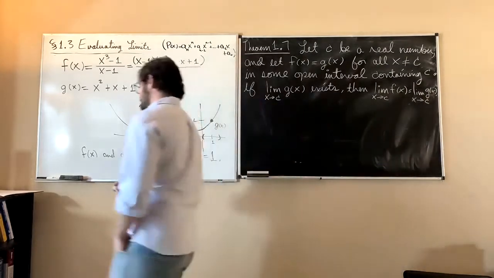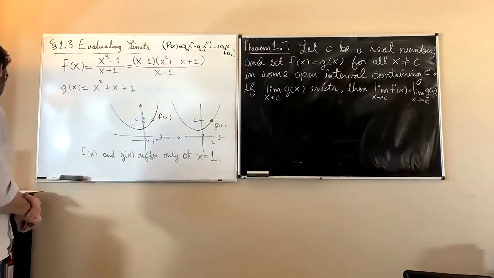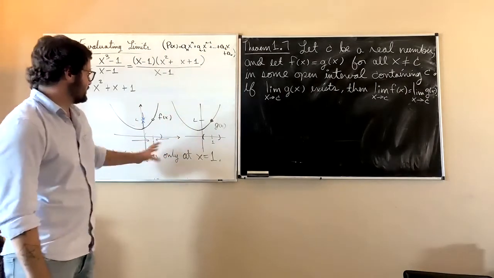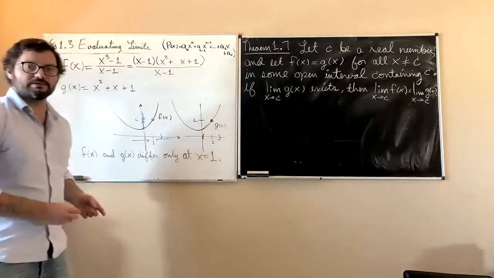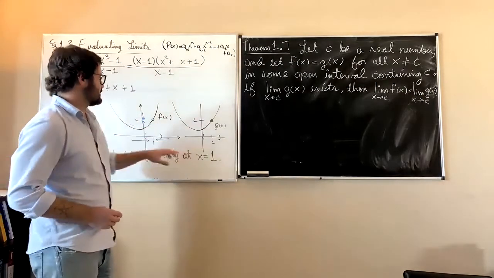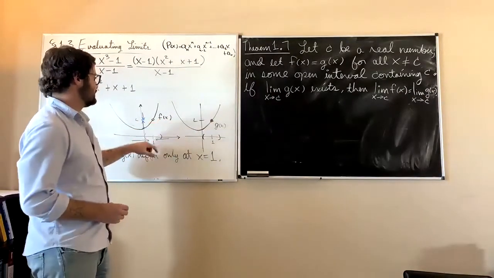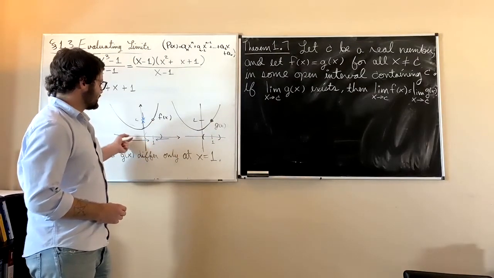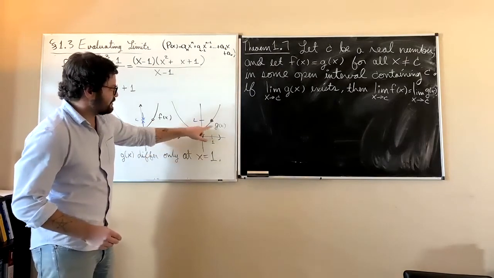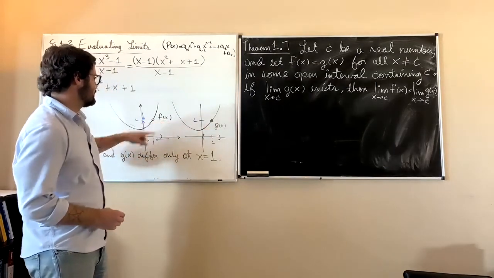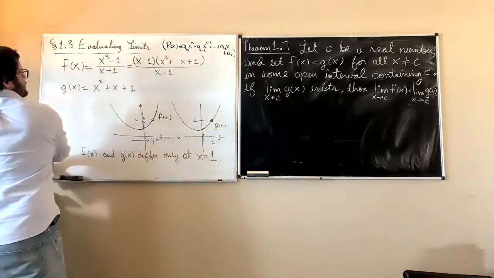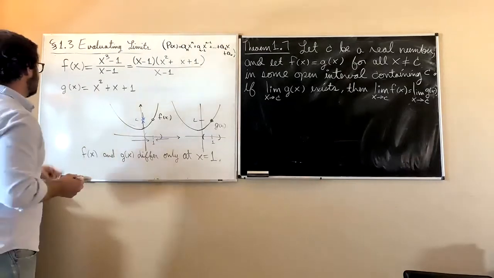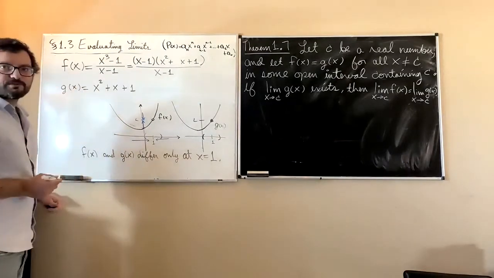So that pictorially is exactly what we described here, right? f of x and g of x differ at most at one point in this interval, namely x equal to 1. So if the limit as x goes to c equals L for g of x, then f is going to have the same limit, which makes it really easy for evaluating the limit of f of x, because g of x only differs from f at one point.